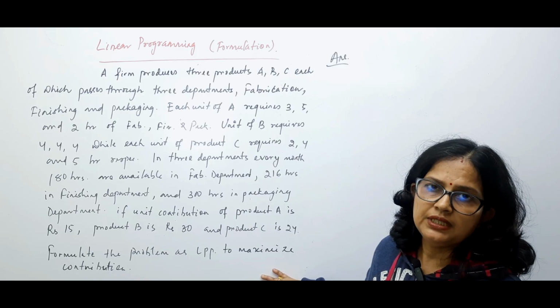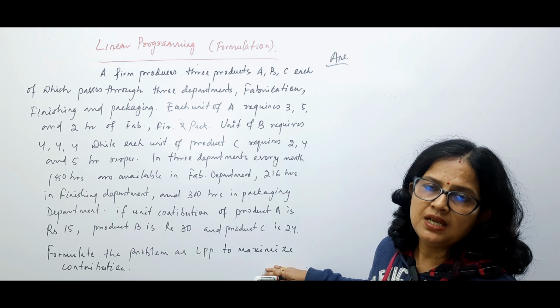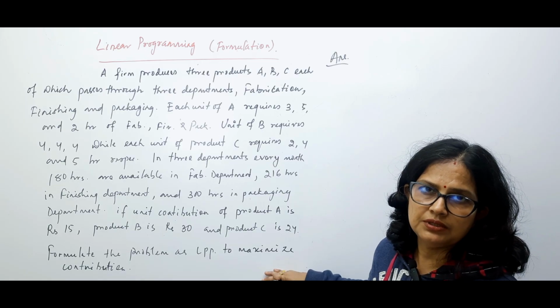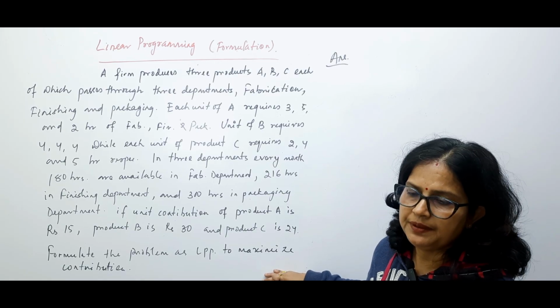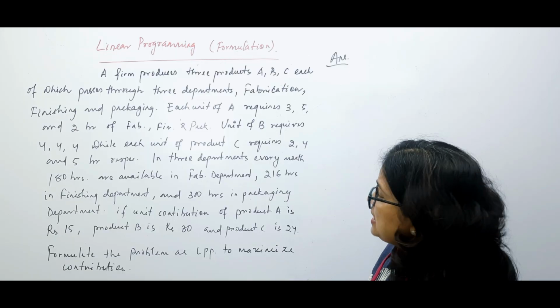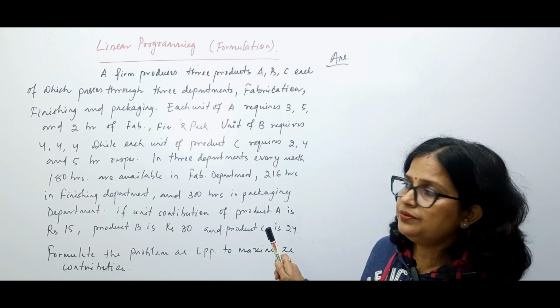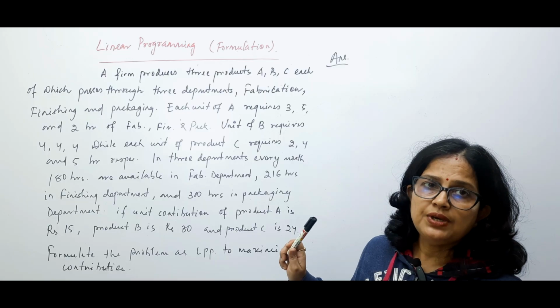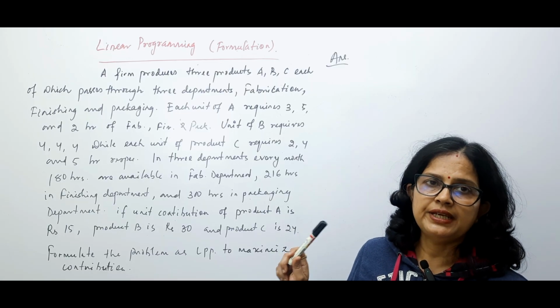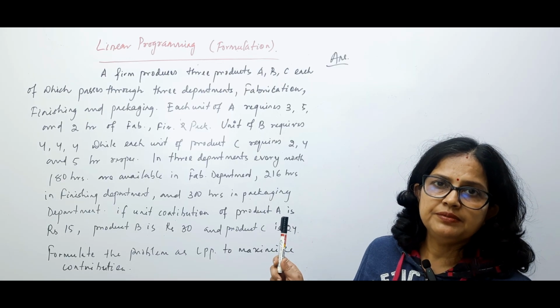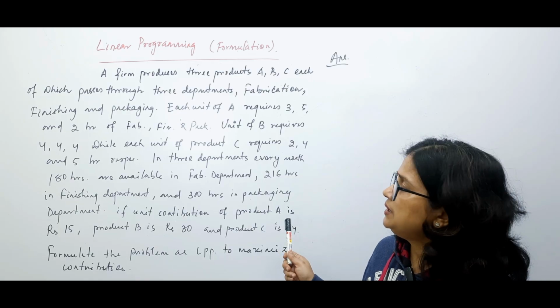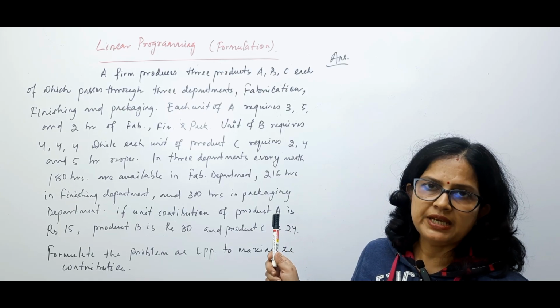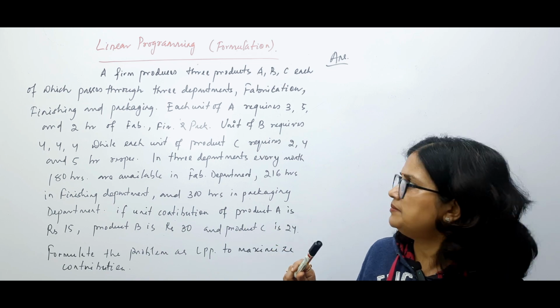Let us see what our steps are, how we are going to solve the LPP. Let us start. The main first part of our LPP is to identify the variables. Here we need decision variables.